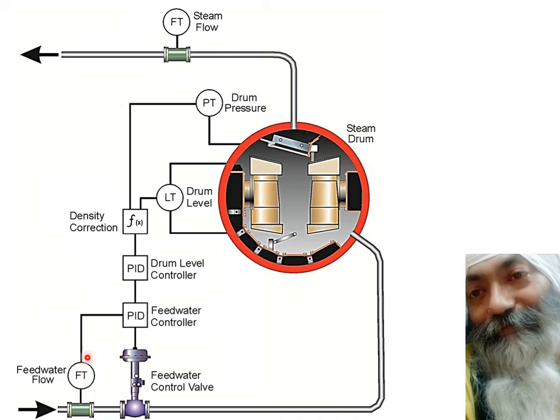It is called slave because it has a master. So this controller is a master and this controller is called slave because the output of this master becomes the input of this slave controller. The output of this is the change in set point of this inner controller.